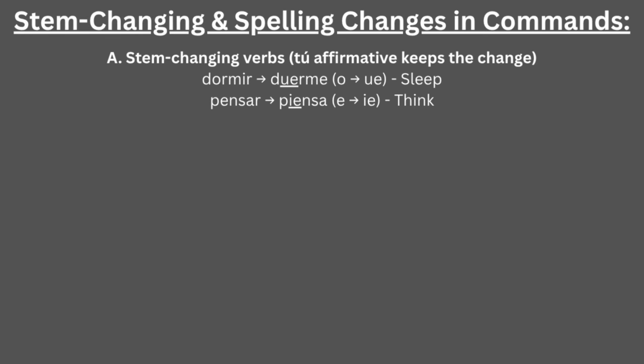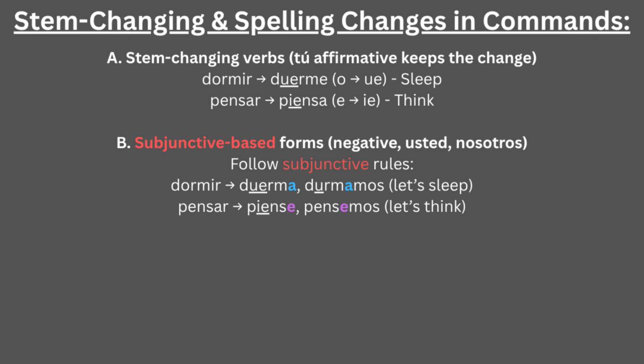At last, it's important to see some spelling rules for stem-changing verbs. For instance, some affirmative tú commands keep a stem change, like duerme and piensa. The same is true about subjunctive-based forms for usted and nosotros, even when negative. Duerma, durmamos.